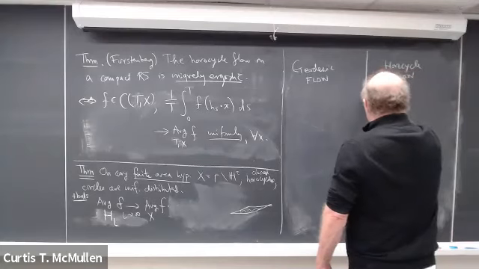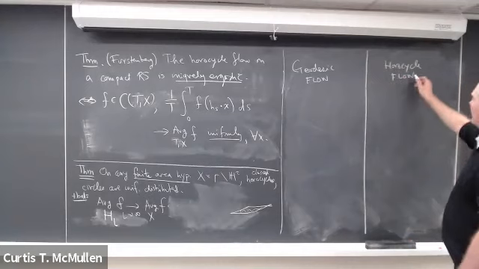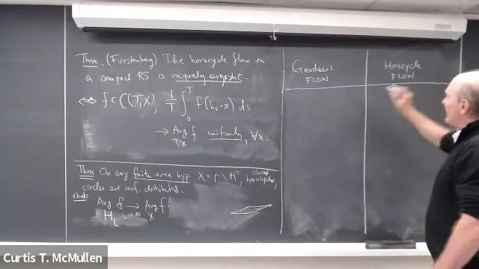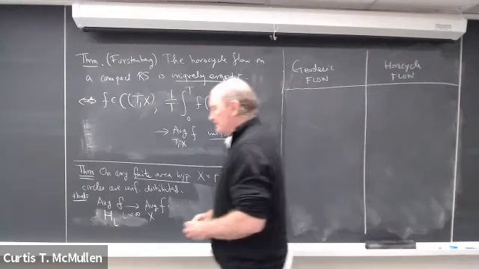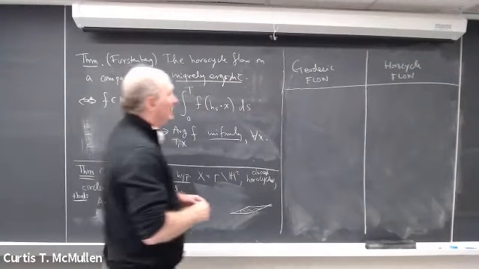And Ratner's theorem is going to be about the ways things like the horocycle flow are better behaved than the geodesic flow. So let's review what we know about how they're similar and how they're different.